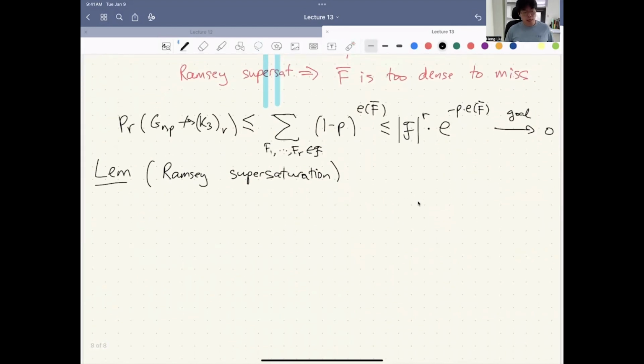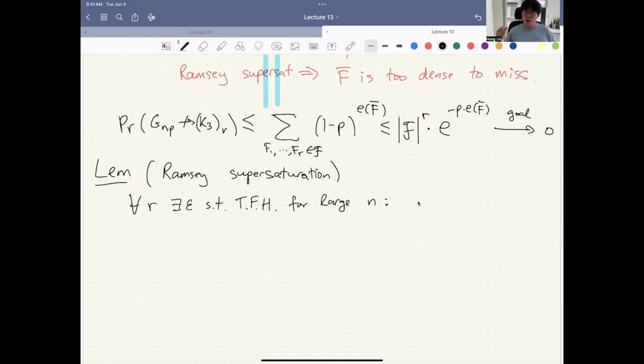Let's see this Ramsey supersaturation. It says that for every R, there exists an epsilon such that the following holds for large N. So what is it?